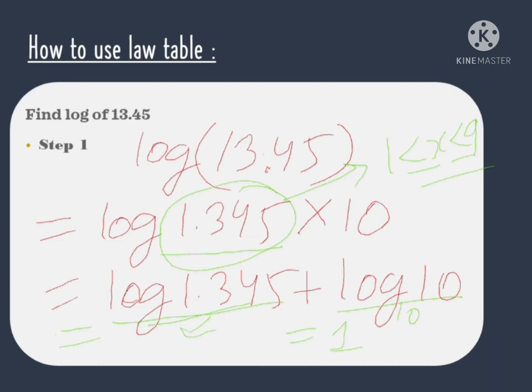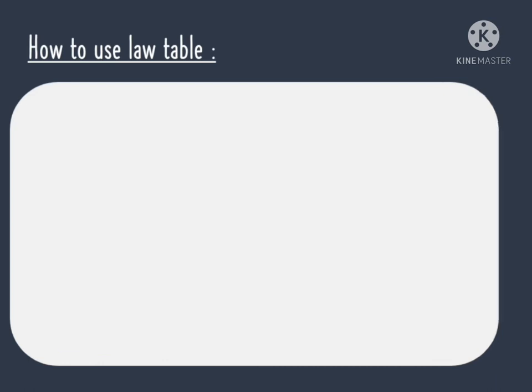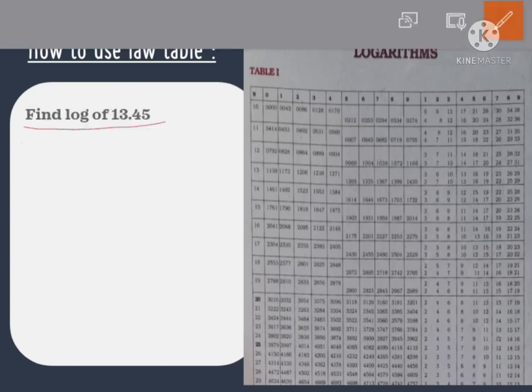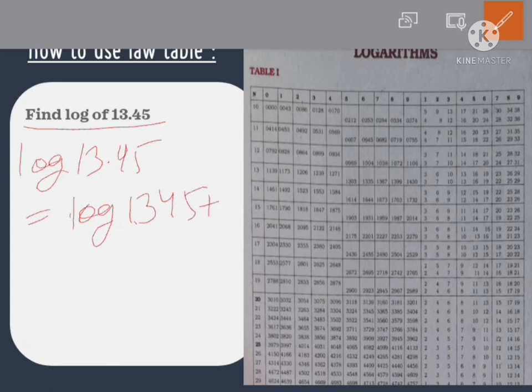So now apply it to the log table. Previously I know that log of 13.45 is equal to log of 1.345 plus 1, and finding this value using the log table.